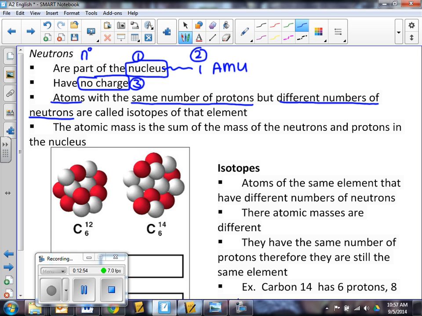They would still be oxygen because which element it is depends only on the protons. So neutrons can change in number, and you can still have the same element. If I have 2 atoms of the same element with the same number of protons, but they have different numbers of neutrons, I call them isotopes.